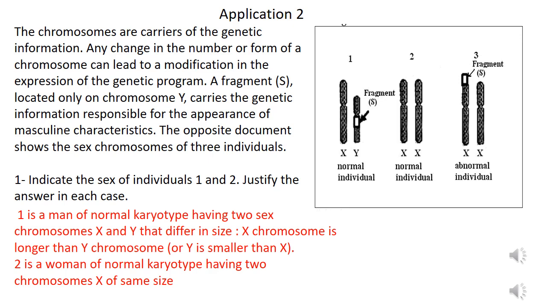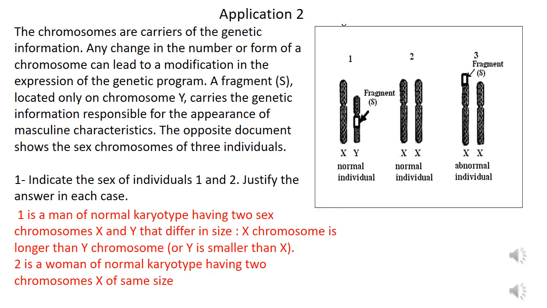So you have individual 1, a normal individual with normal X, normal Y, and you see the fragment S on the Y chromosome. This fragment S determines the male characteristics. Individual 2 is a normal individual with XX, and individual 3 is an abnormal individual.